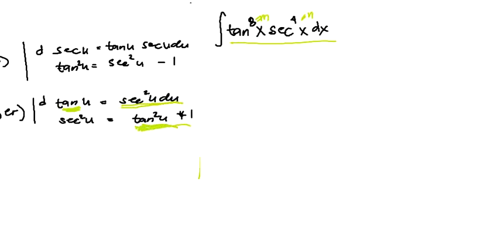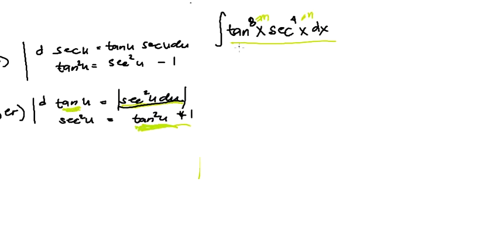Since we will use tangent, we need to express our whole term as tangent. So we need to isolate this secant squared u du, because later on we will use this as the derivative of tangent u.